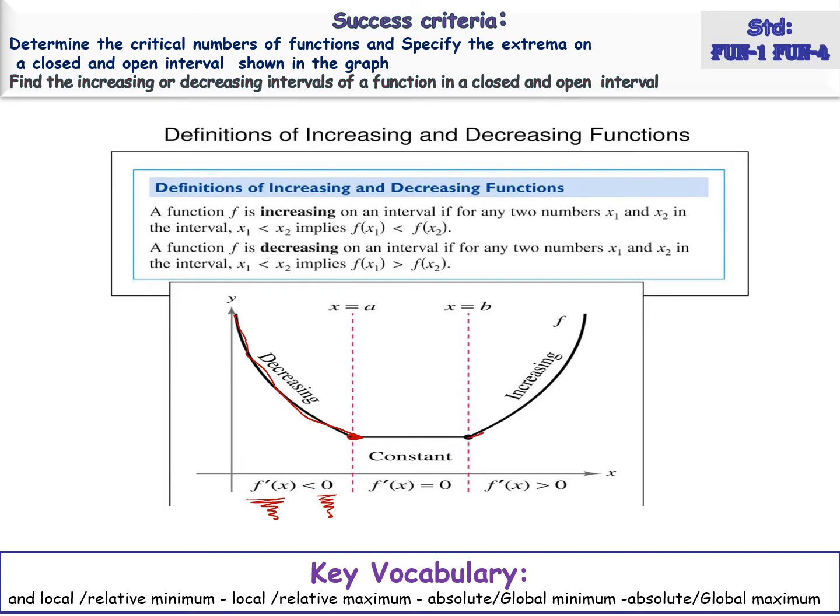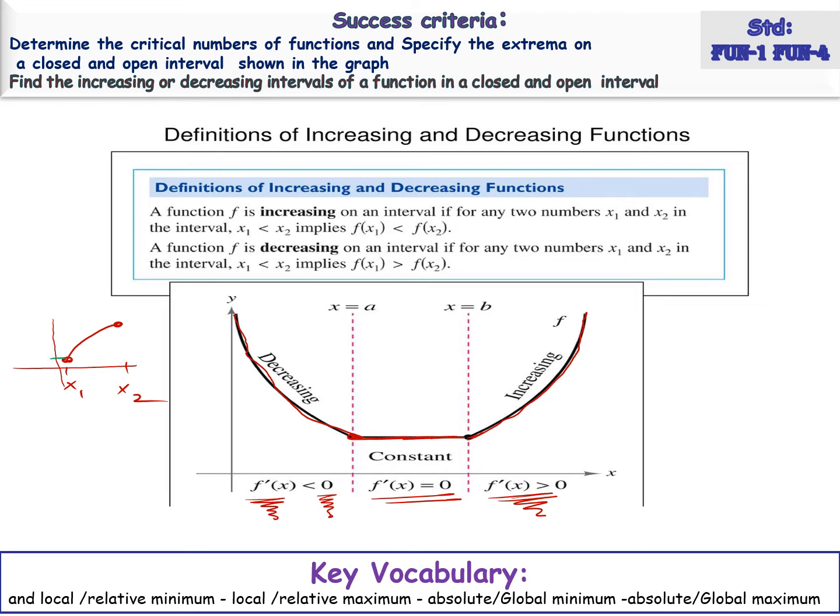Similarly, where the graph is increasing over here, you can say that the first derivative of the function is greater than 0, and on a constant part, the derivative of the function is equal to 0. Now look at the graph over here. What is happening? In this part, I name it x1, and over here I name it x2.